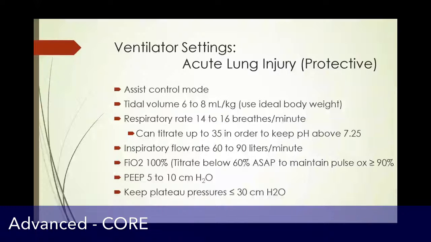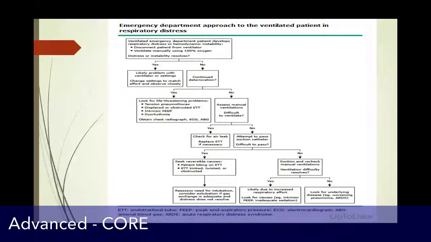So now you say you've got the patient on a ventilator, you got all the settings, they're cruising, they're doing okay, and all of a sudden they get in respiratory distress. Or they become hypotensive. They start bucking the vent. You want to take a look at the patient and disconnect them from the vent.